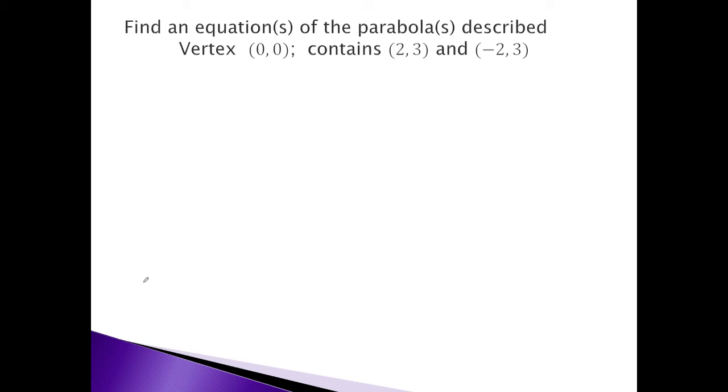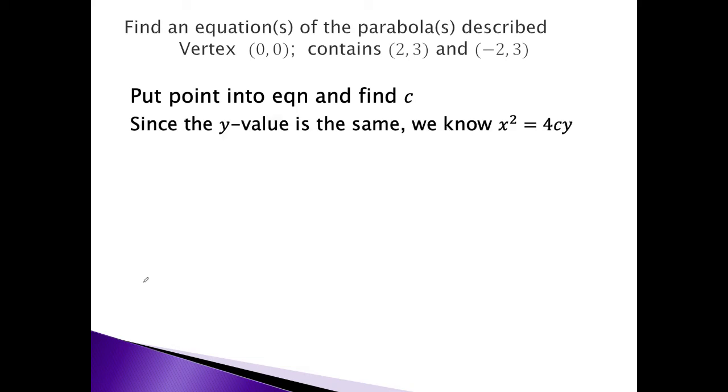Find an equation of the parabola described. The vertex is (0, 0). It contains the points (2, 3) and (negative 2, 3). So we're going to put the point into the equation and find c. Since the y values are the same, we know that x squared equals 4cy. So negative 2 squared equals 4c times 3.